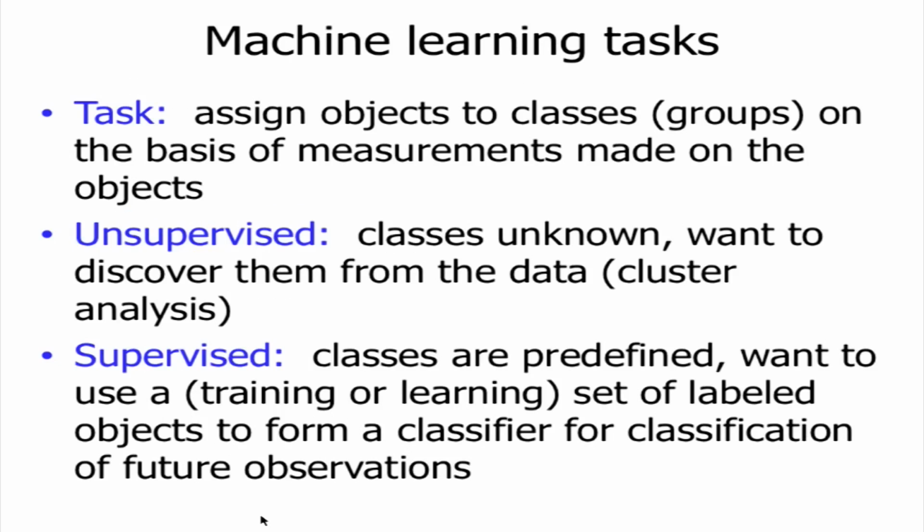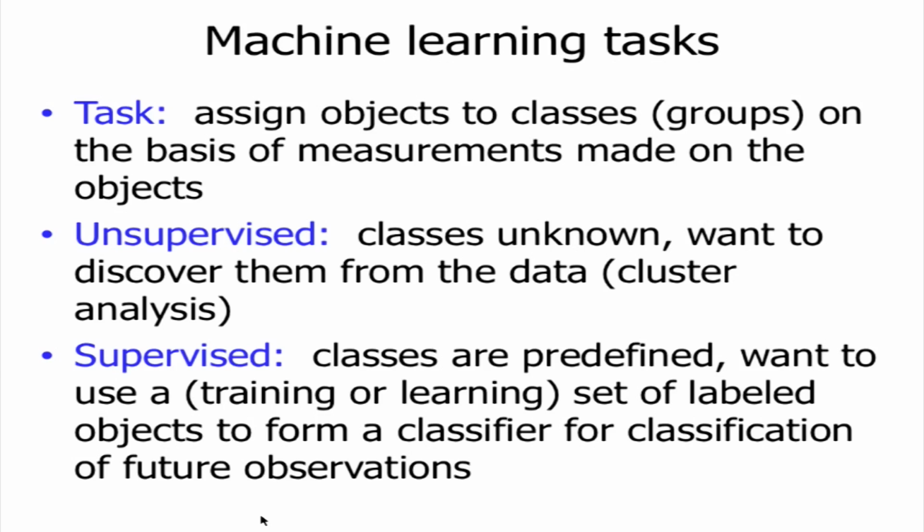As I mentioned, when it comes to these machine learning tasks, we basically divide them between unsupervised methods and supervised methods. When you have an unsupervised method, you assume that the classes are not known. Instead, you want to learn the classes, and the classes could be learned, for example, using a clustering method.